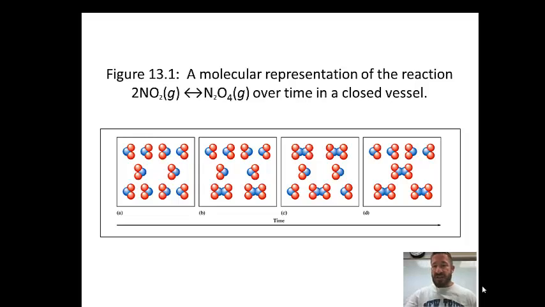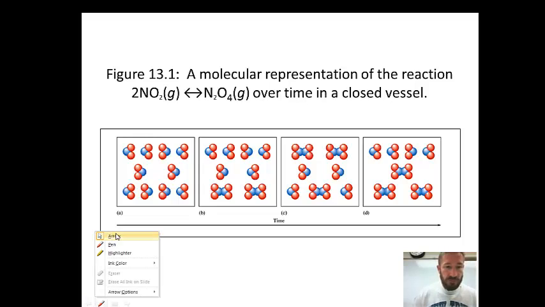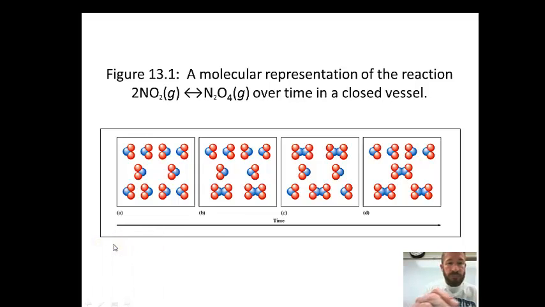Let's say we take nitrogen dioxide, which is a brown gas, and this turns into dinitrogen tetroxide, which is a colorless gas.